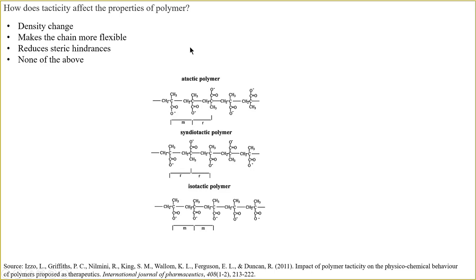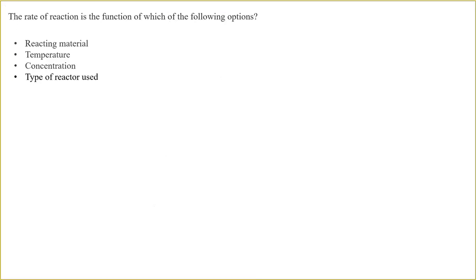Okay. So moving on, we have one question from chemical kinetics. The rate of reaction is a function of which of the following? Now, I think in the polymer reaction course itself you might have come across chemical kinetics, since this is the third or fourth week.